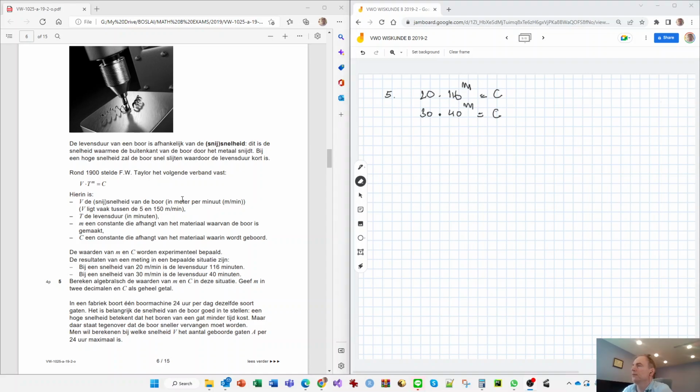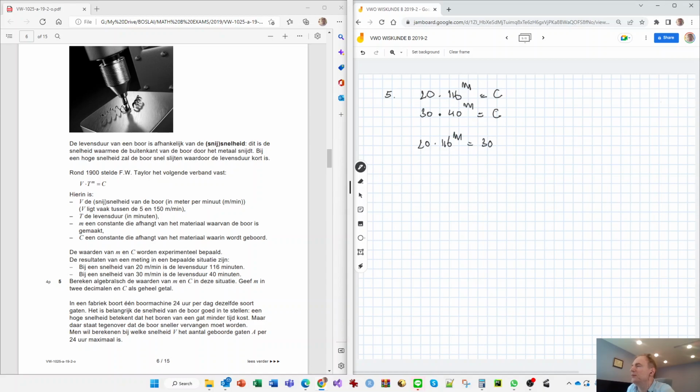So 2 equations with 2 unknowns. We just easily eliminate C by setting these two equal. So you get 20 times 116 to the power m is 30 times 40 to the power m.